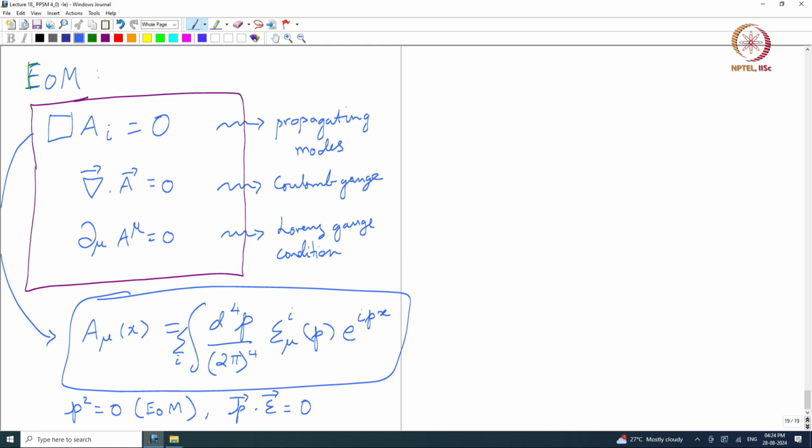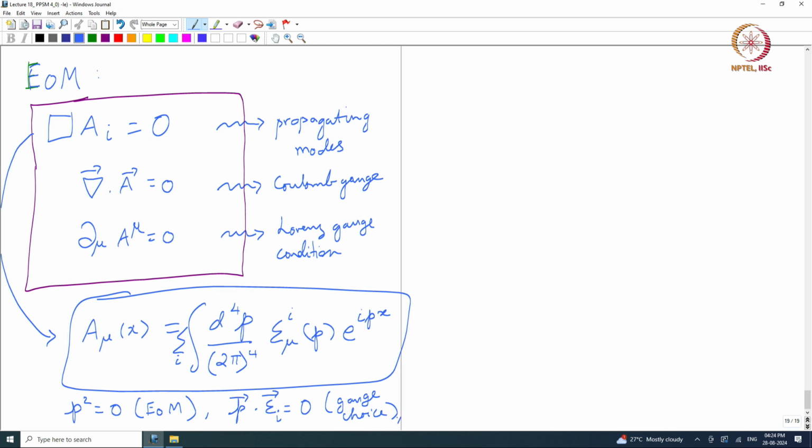For each of the polarization vectors, remember i labels the polarization vectors, not the components of the vector, right. This I get simply from the gauge choice, from the Coulomb gauge itself. Right.